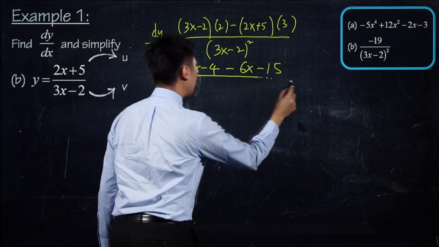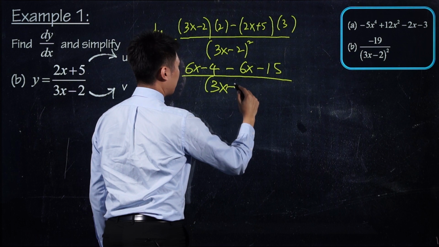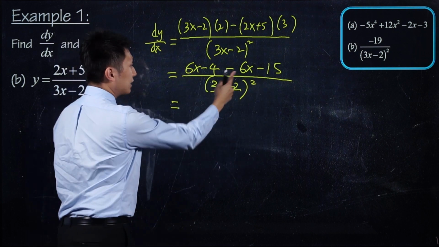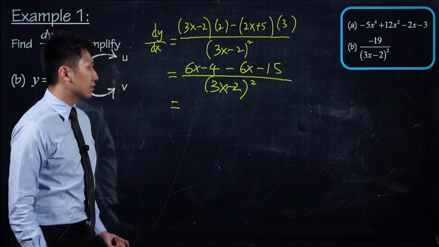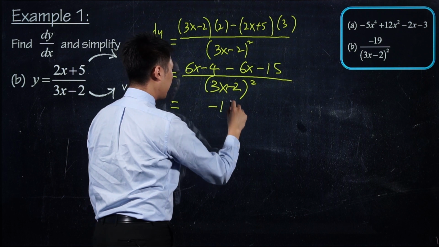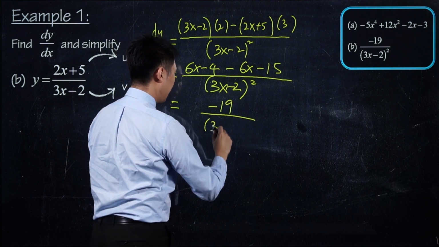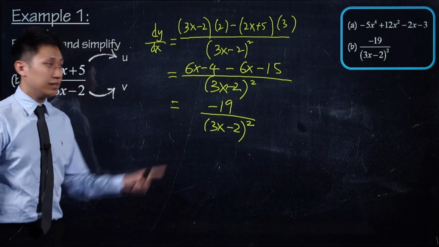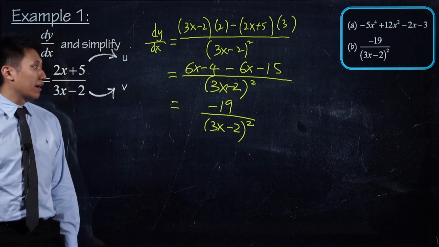Then divided by (3x minus 2) the whole thing squared. So 6x and 6x, coincidentally, they cancel off. So negative 4 minus 15, so negative 19 divided by (3x minus 2) the whole thing squared. Then that's my answer, and it tallies with the given answers over here.